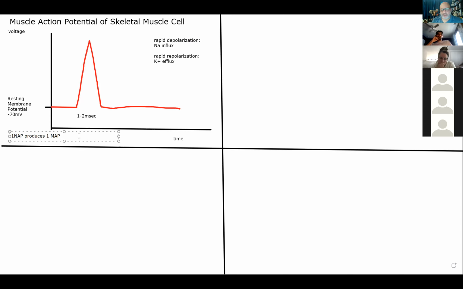And what did we call that? Twitch. There you go, one twitch. Absolutely. So the other piece of information we can put up here is the twitch of a skeletal muscle cell.